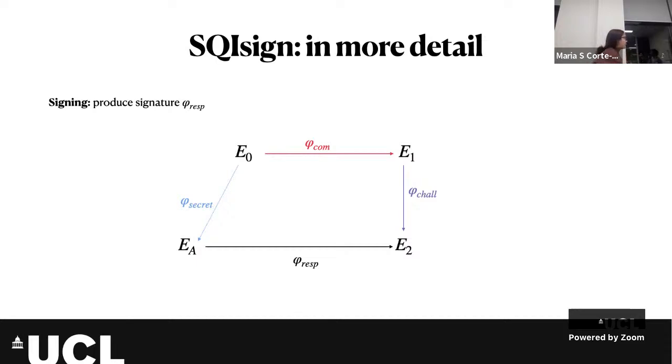Yes. So who generates this challenge? So if you're viewing this as a Sigma protocol, then the challenge is generated by the verifier. So that you publish E1 as a commitment, and then the verifier will just sample some isogeny from E1.